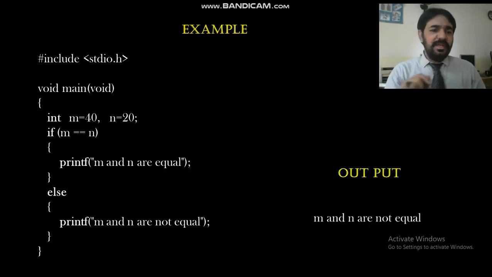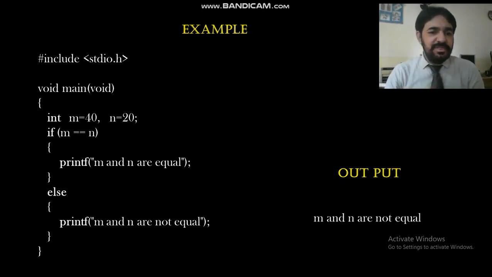So here we have an example of a C language program. We can see include stdio.h, void main void, and then integer variables: integer m equals to 40 and n equals to 20.